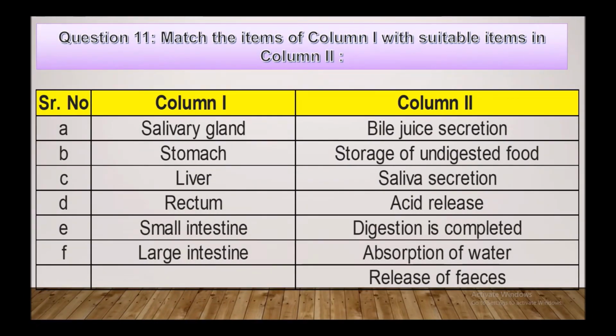Question 11. Match the items of column 1 with the suitable items in column 2. So the column 1 items are salivary gland, stomach, liver, rectum, small intestine, large intestine. In column 2, the options are bile juice secretion, storage of undigested food, saliva secretion, acid release, digestion is completed, absorption of water, release of feces.